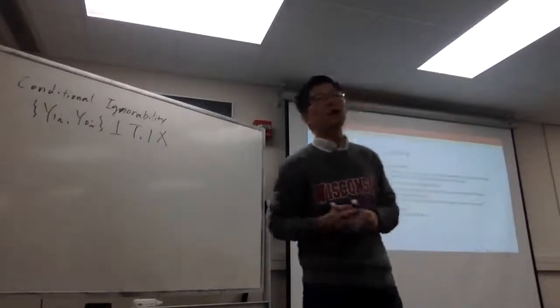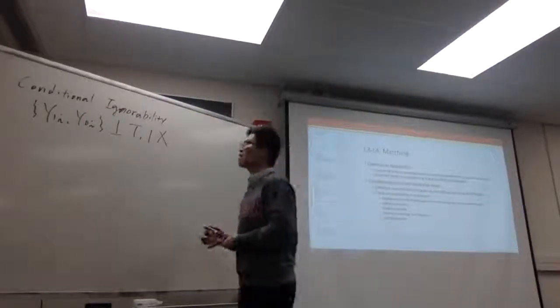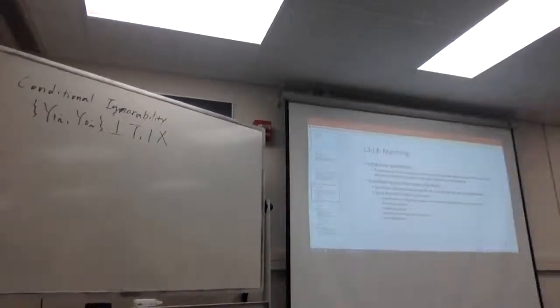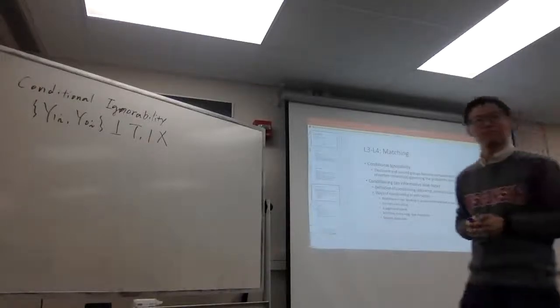But let's back up a little bit. What is ignorability? Anyone? It means that the treatment group and the control group are equivalent, as if it was a randomized experiment, even though it wasn't.